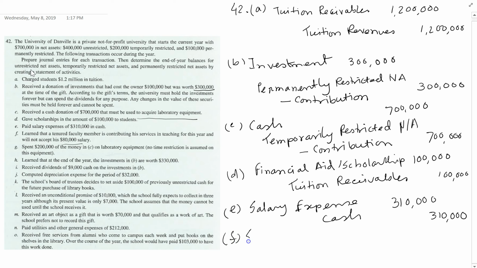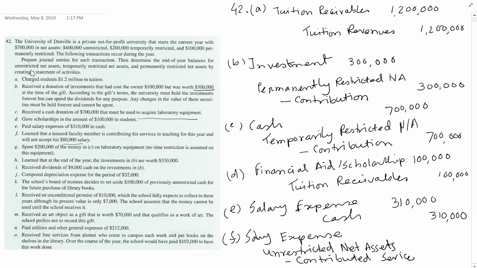So we're gonna debit salary expense, and we are not paying cash, so we will credit contributed service, and it is actually through their unrestricted net assets. And you can also categorize it, it's contributed service. And the amount is here 80,000.